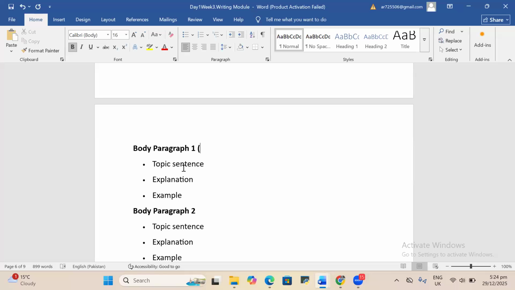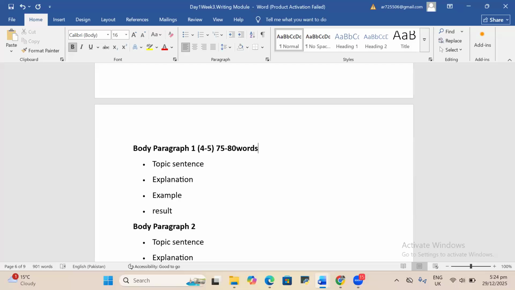So how many sentences have you written? Three sentences. Furthermore, you can also give the result, meaning the result of your thesis and your topic sentence. So approximately 4 to 5 sentences you can write here, and your word count can reach 75 to 80 words.